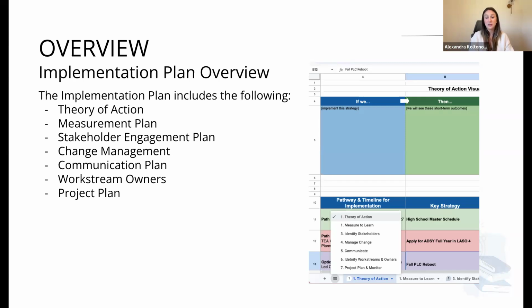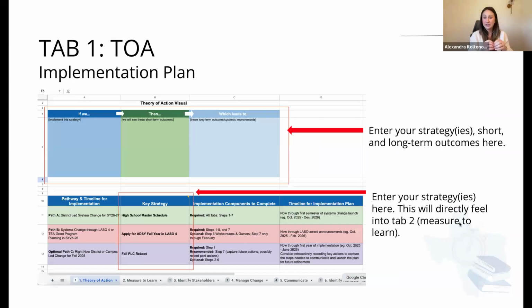I'm thinking about it in terms of how you are going to roll this out, knowing that you have sometimes campus-specific as well as district-wide strategies. So really thinking strategically about your communication of this work, who is owning each work stream, and then the overall project plan. So again, it's really broken down to include all these different specific topics.